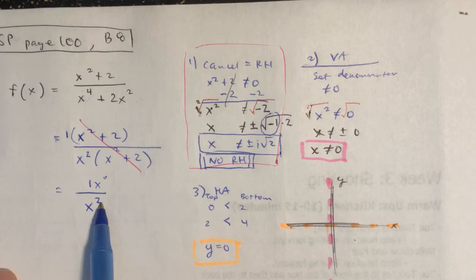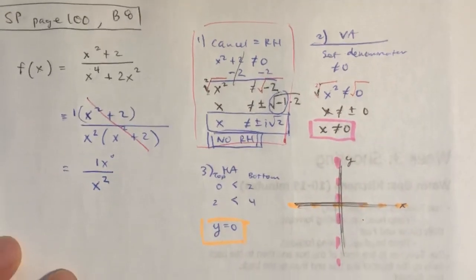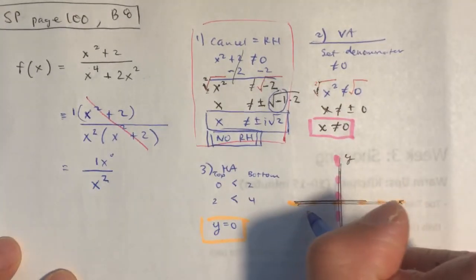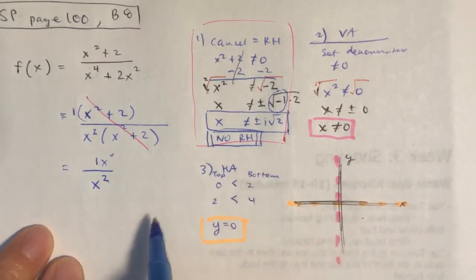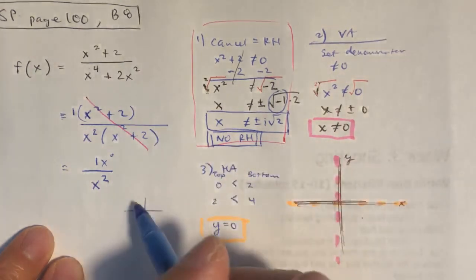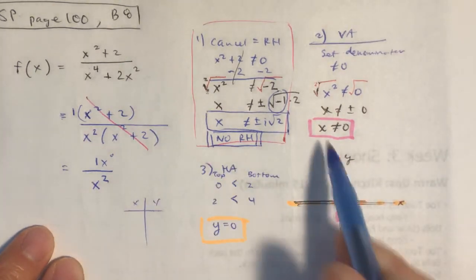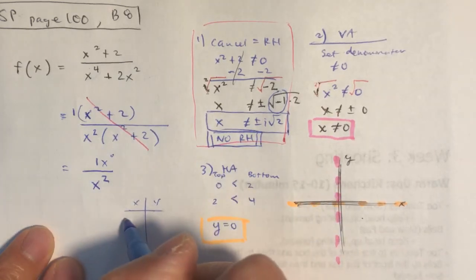Evens are split. Odds are the volcanoes. So this is split. If you forget, like I am forgetting right now, you can just make a table of values. I'm just going to pick one value to the left, and I just want to know if it's above or below. So just negative 1.